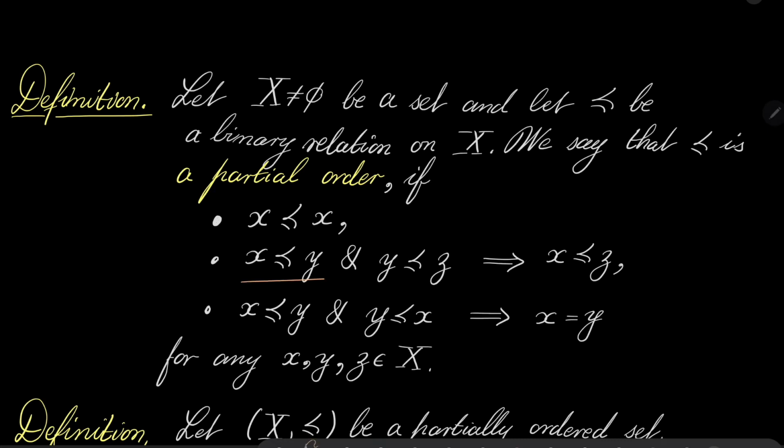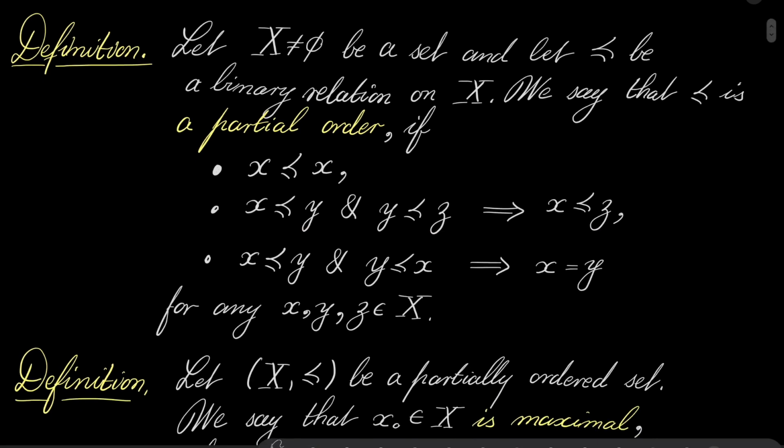If x is less than or equal to y and y is less than or equal to z, then x is less than or equal to z, and so it's transitive. And the last property, anti-symmetry: if x is in relation with y and y is in relation with x, then x and y must be equal. A relation which satisfies these three properties is called a partial order, and X with this partial order is called a partially ordered set.